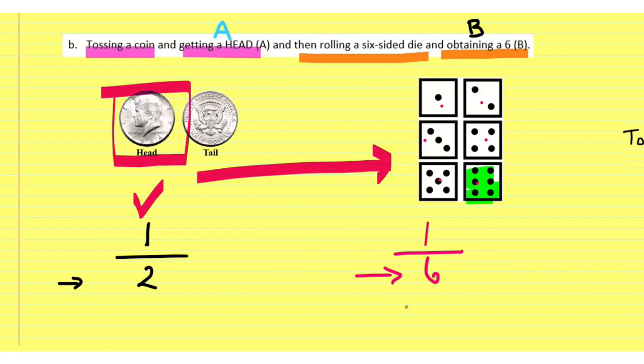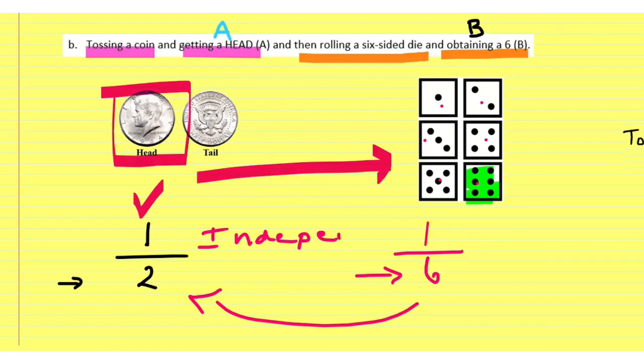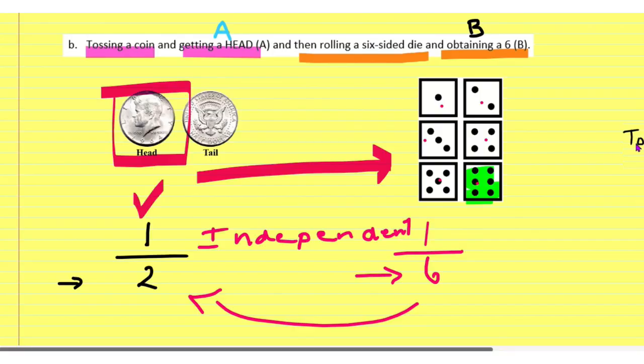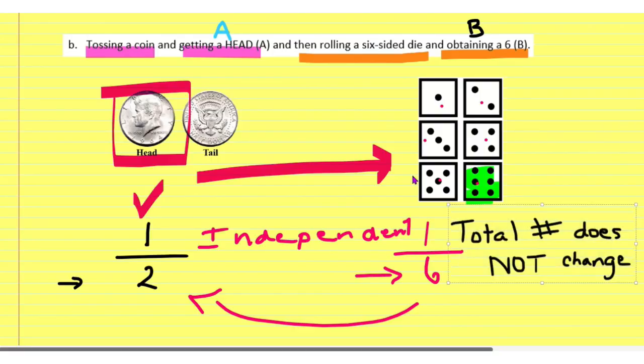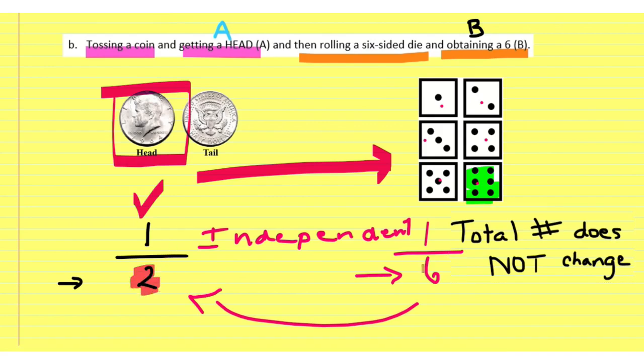This number of 6 has nothing to do with that right there. So they are completely separate from each other. They are completely independent, have nothing to do with each other, no effect whatsoever. But we need to remember that when they are independent, the total number does not change. This total was 2. This one is 6, and they do not have any effect on each other.